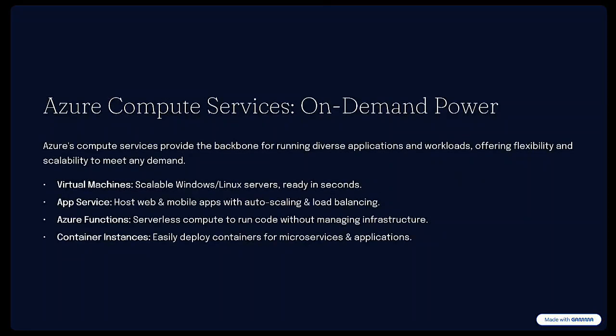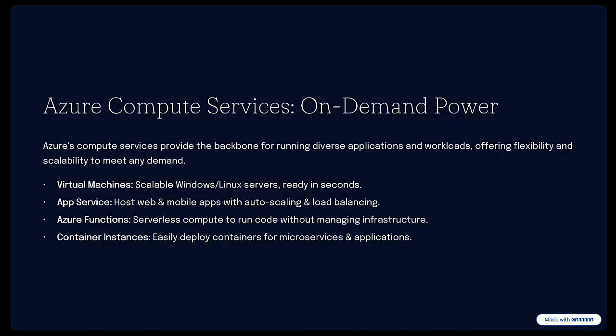So, Azure Compute Services, on-demand power. We have four different categories on the compute platform. First, the virtual machine, which is scalable with Windows and Linux servers and can be ready within seconds. You can build your virtual machine within a minute so that you can start working on it.